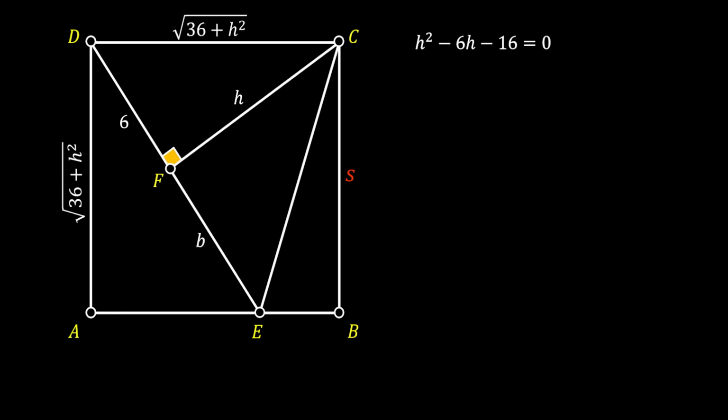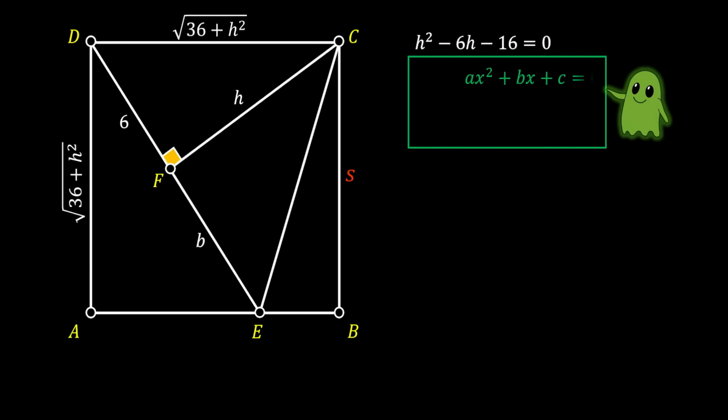Now you can solve this one in multiple ways, but I will use my favorite one, the quadratic formula. As a quick reminder, if you have a quadratic equation in the form of ax squared plus bx plus c equals 0, you can use the following quadratic formula. From our quadratic equation, you can see that a equals 1, b equals minus 6, and c equals minus 16.